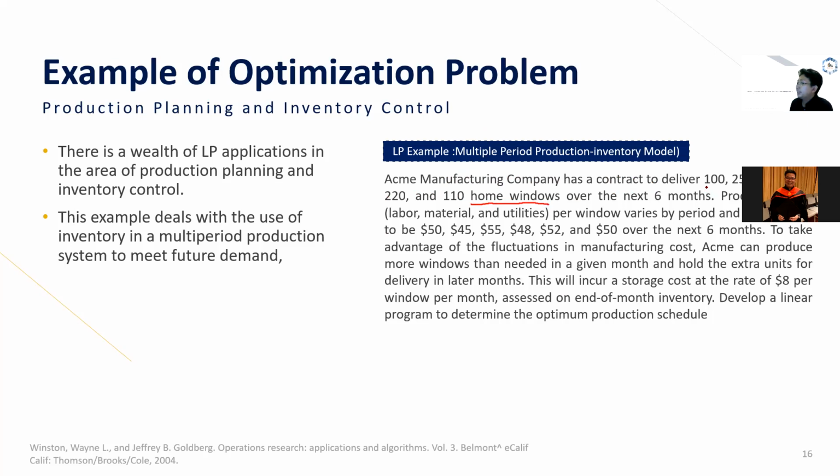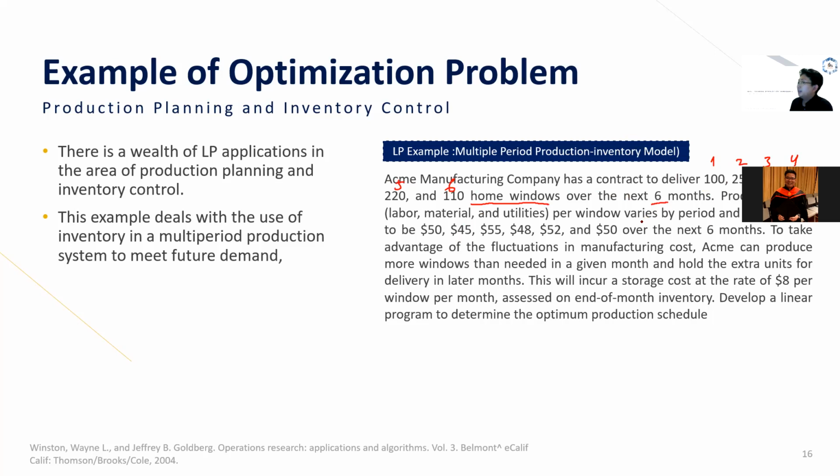The contract says that during this period they need to deliver 100 for the first period, 250, 190, 140, 220, and 110 for the next 6 months.